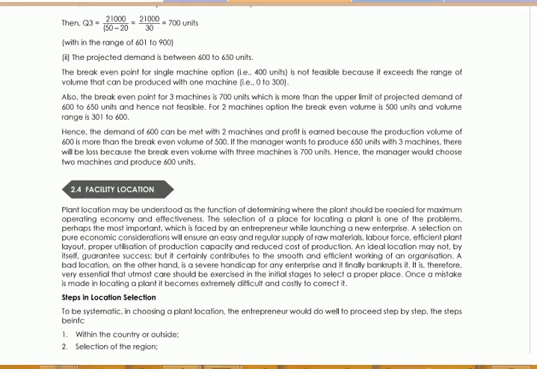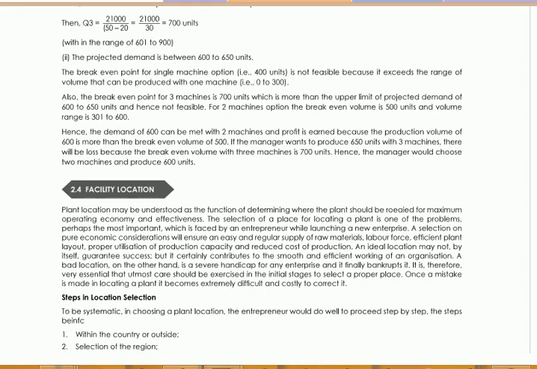Now if we take the lower limit of the projected demand as 600, the break-even point for 2 machines is 500, and the lowest demand is 600 units.